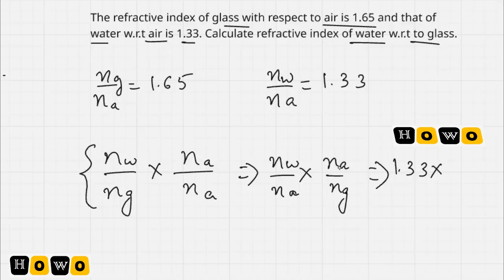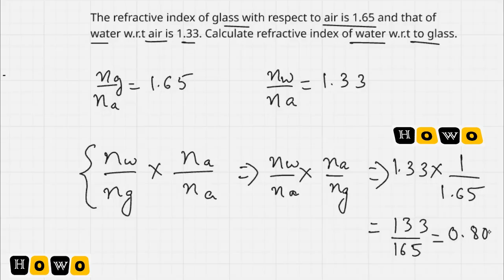Also refractive index of glass, and here we have this relation, but it is in inverted form, so we'll write it as 1 upon 1.65. So it will become 133 upon 165, and on dividing we'll get 0.806. So this is the answer.